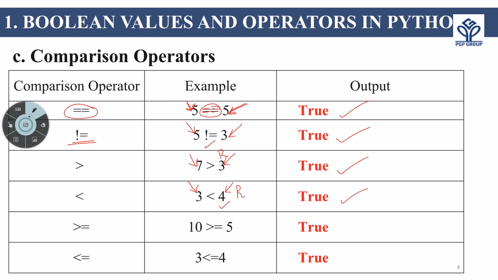Next, greater than or equal to: the left side value 10 is greater than or equal to 5, the condition is true, so it returns true. Less than or equal to: our left side value is 3, which is less than or equal to the right side value 4, the condition is true, so it returns true. Clear?